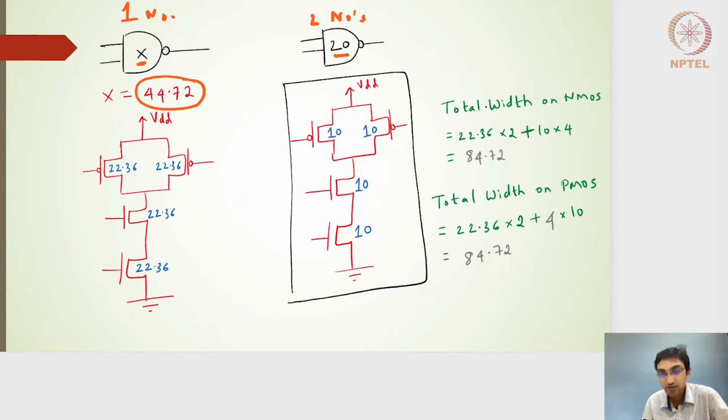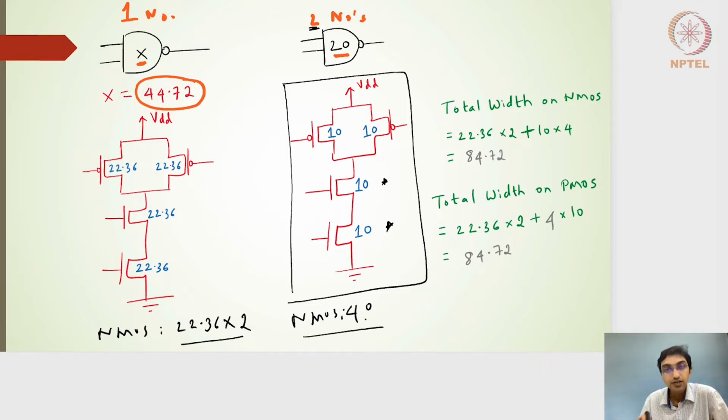Right, so if I want to find out the total area, what we are trying to find out is the total width. So the total width on the NMOS side is nothing but 10 plus 10, and we have 2 such gates. So I will have 10 plus 10, 20 multiplied by 2, which is 40 on the NMOS side. And the width of this particular second stage 2-input NAND gate turns out to be nothing but 22.36 multiplied by 2.